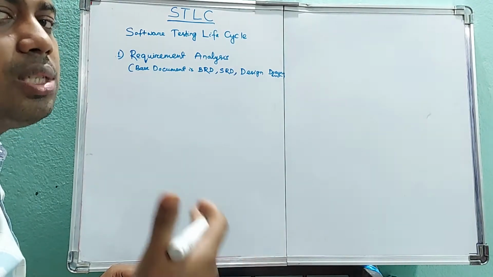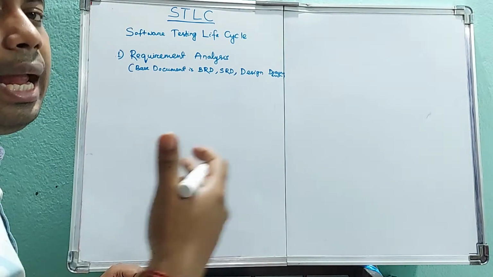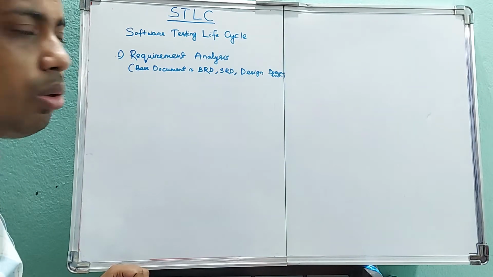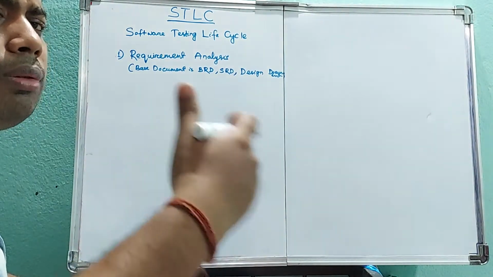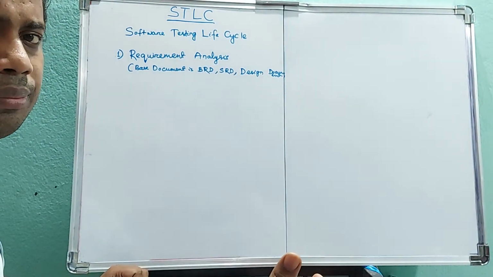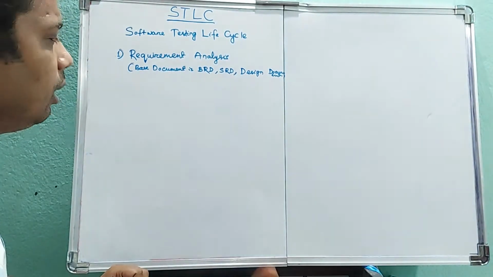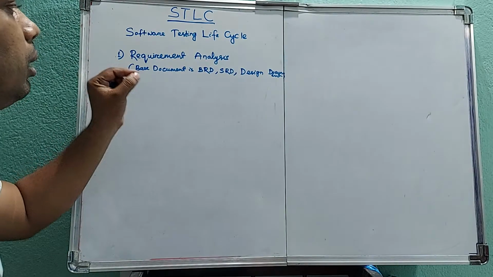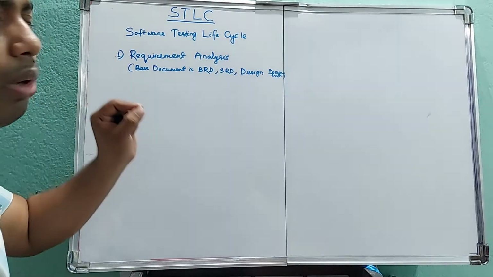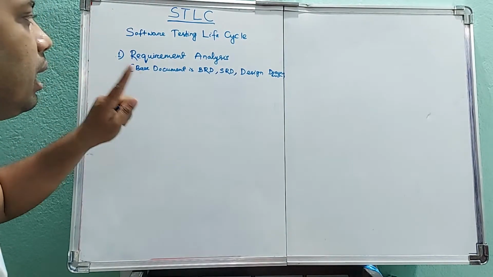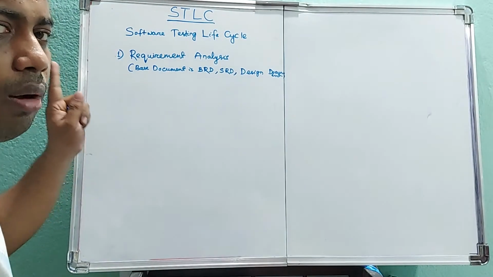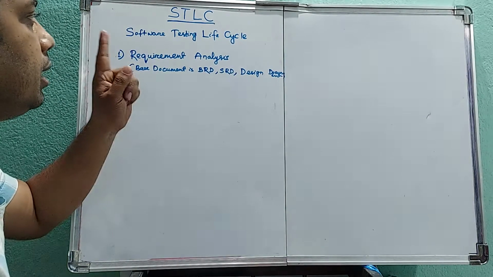These are the various requirements of any ATM software. We understand these various requirements for different projects and businesses by going through the requirement document or business requirement document, and the process is known as requirement analysis, and this is the first phase of STLC, the software testing life cycle.